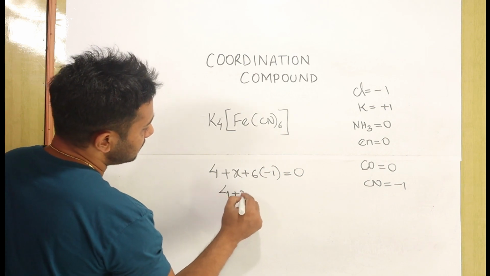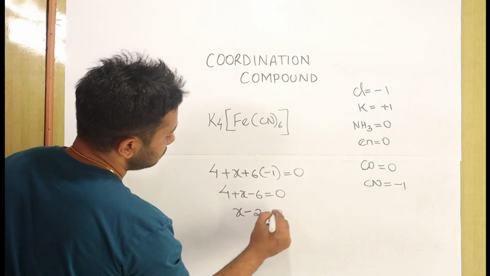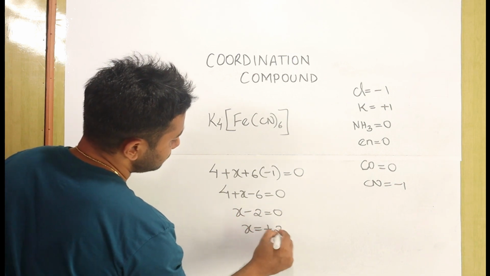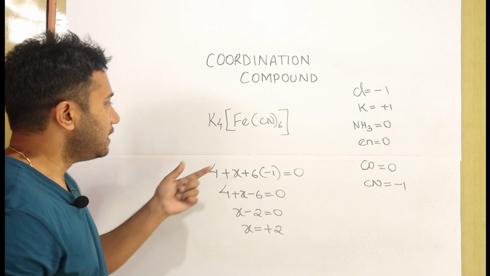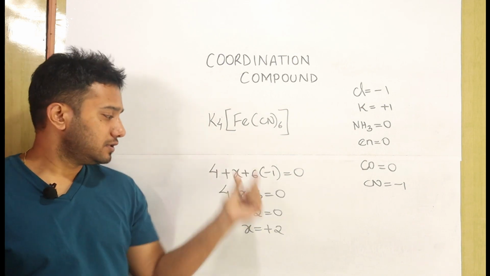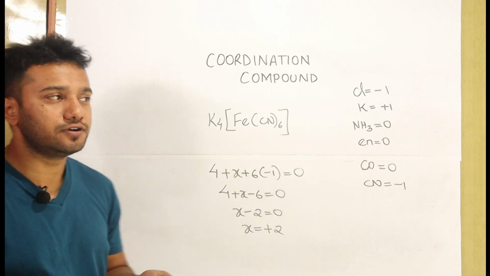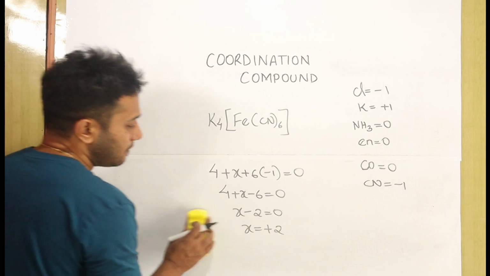So 4 plus X minus 6 equals 0. X minus 2 equals 0, X equal to +2. So again out here, the oxidation state of the metal iron is +2.